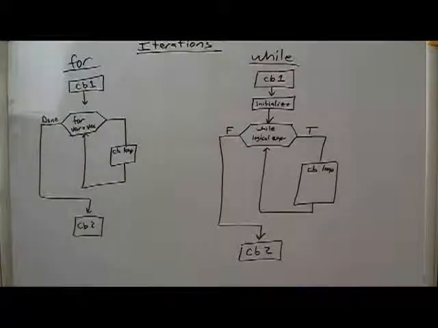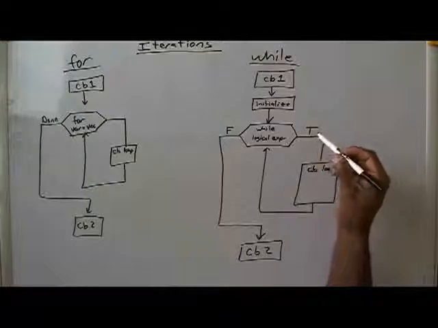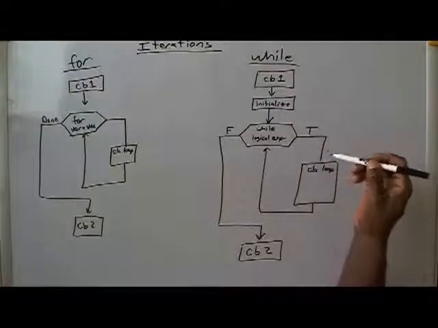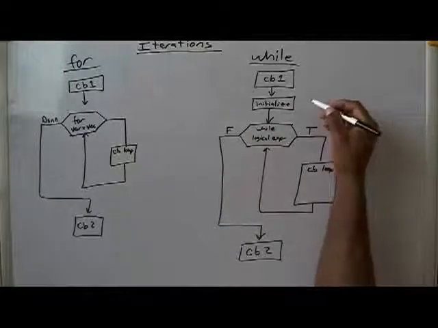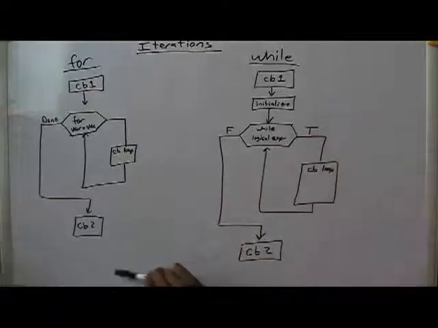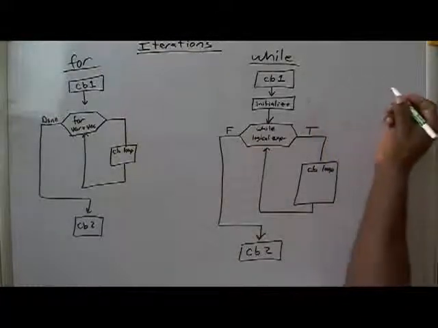Now, there's a mnemonic here I want to put out. The while loop has three parts. One part is the initializing part, and that's this part here.